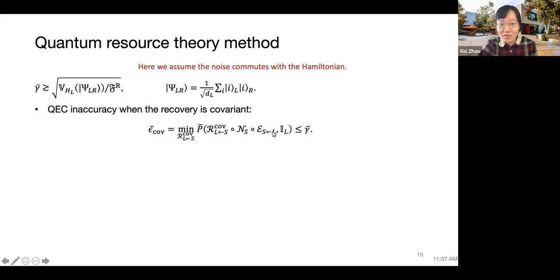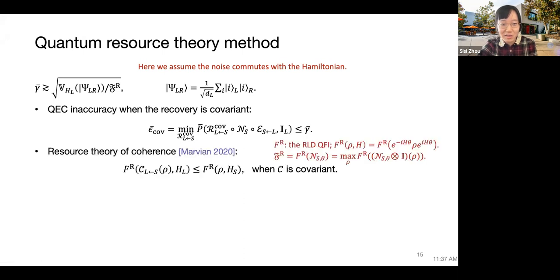So if we also have this additional constraint, we can just use the monotonicity of this coherence measure in resource theory. So we have this coherence measure, which is always going to be smaller or at least equal to the coherence of the original state if the channel is free.